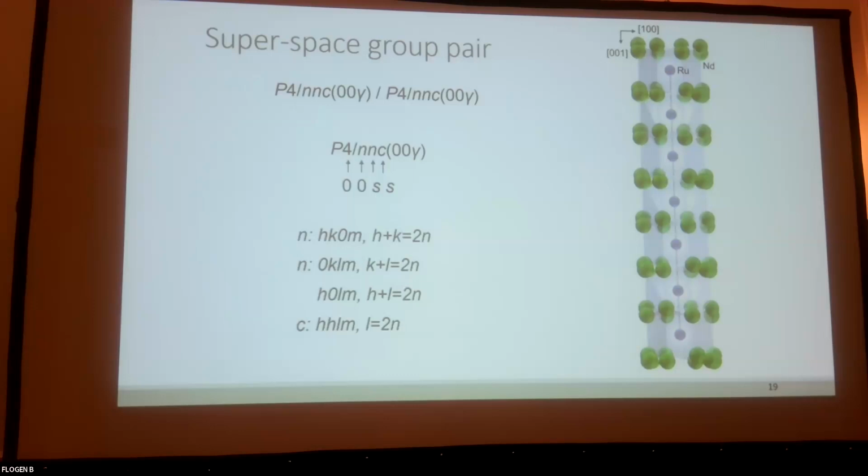So they are beyond 20%. And this is not possible to publish at the moment.